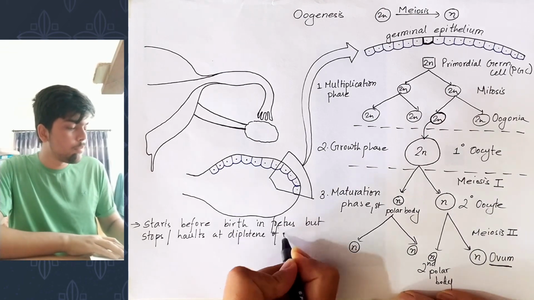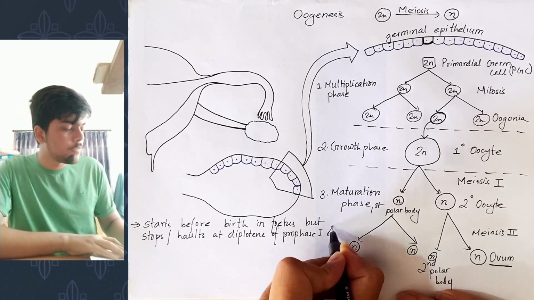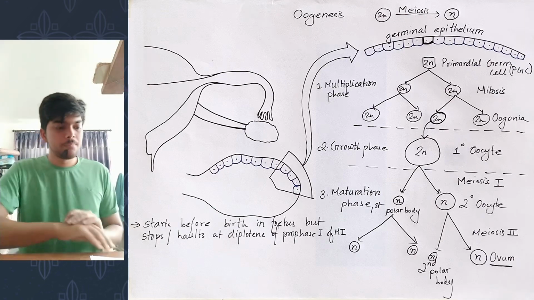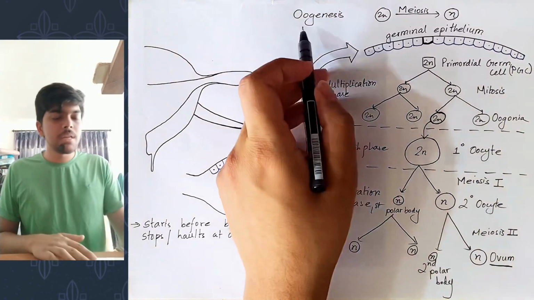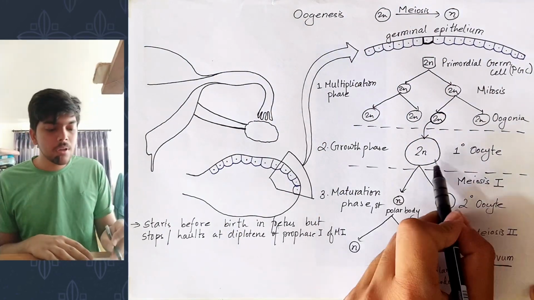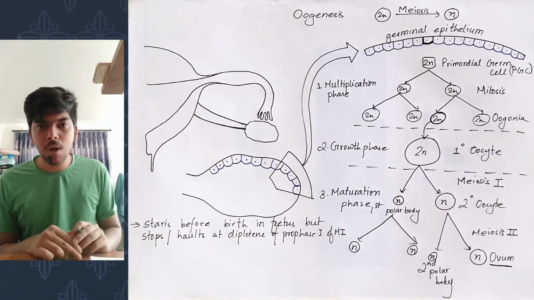of prophase 1 of meiosis 1. What do I mean by that? Inside the ovary of the fetus, the process of oogenesis has reached till primary oocyte. After this growth phase, the primary oocyte enters meiosis 1.